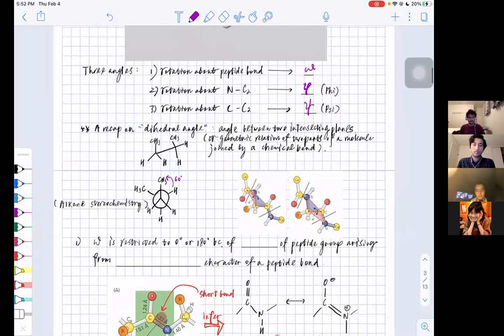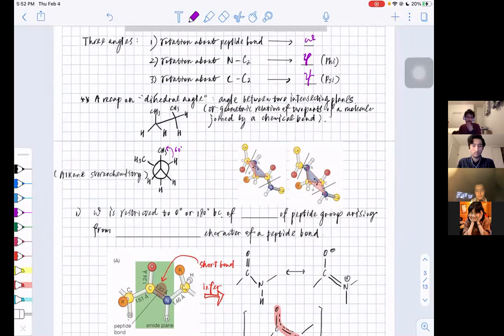All right, so let's look at omega first. Notice omega is restricted to either 0 or 180 degrees because of the planarity of the peptide group, arising from the partial double bond character of a peptide bond.